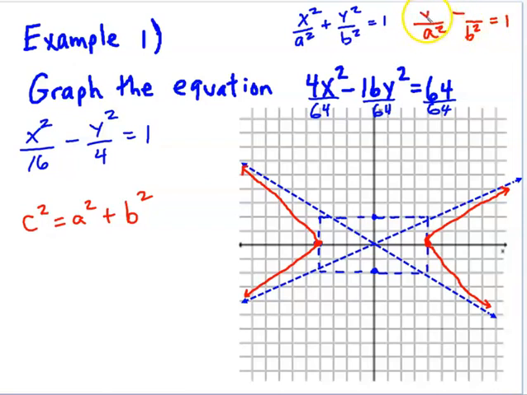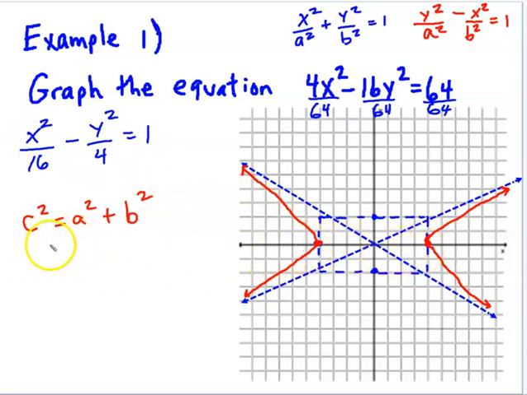And we switch the numerators to indicate which axis we're actually going to be hitting with our two parabolas. So I just did an example of a hyperbola where the two parabolas would open up and down. Because y comes first, we're only going to be hitting the y-axis. So for hyperbolas, pay attention to the variable that comes first. That's very important information. That'll tell you which axis you're actually going to be hitting.